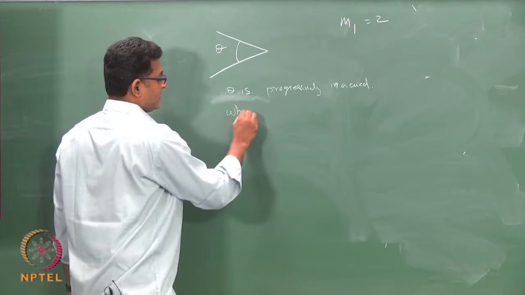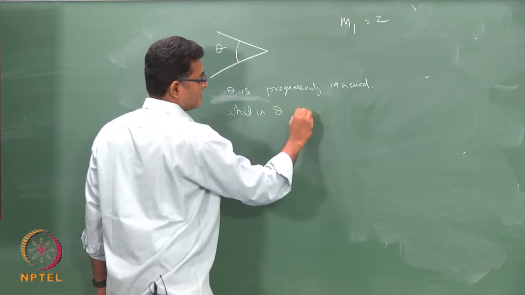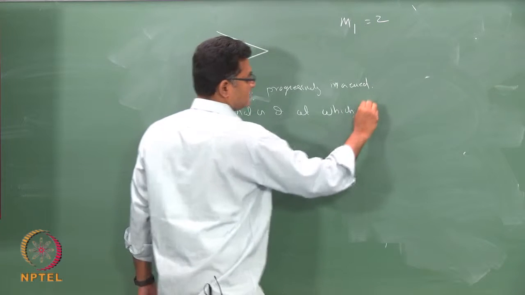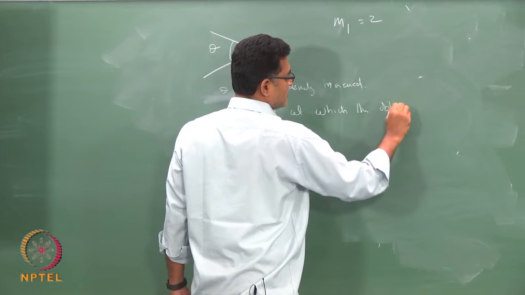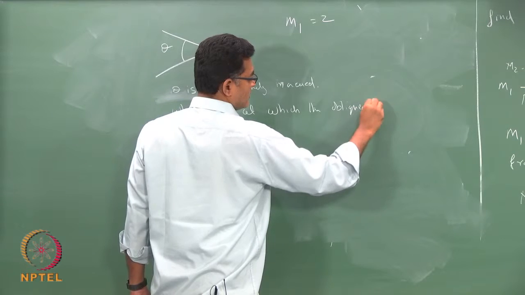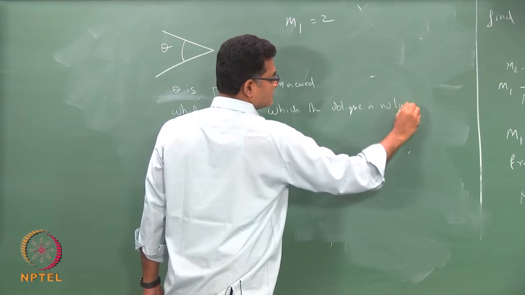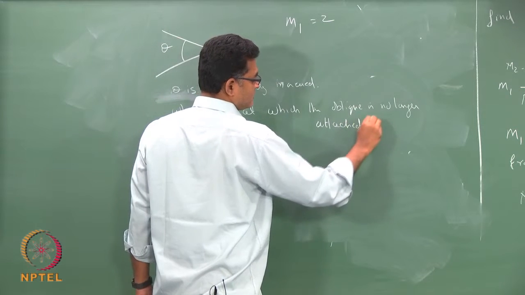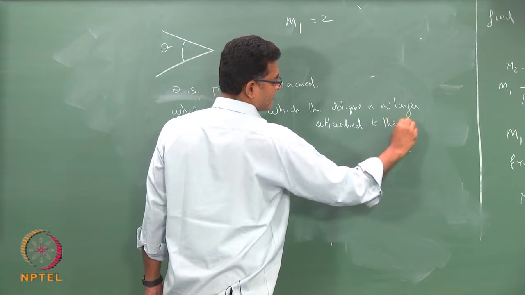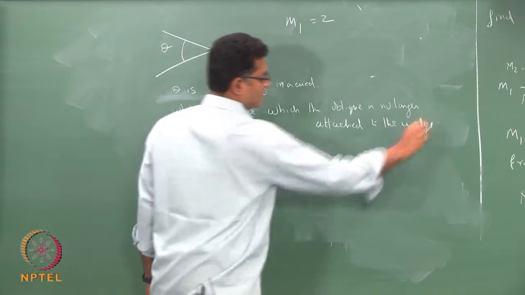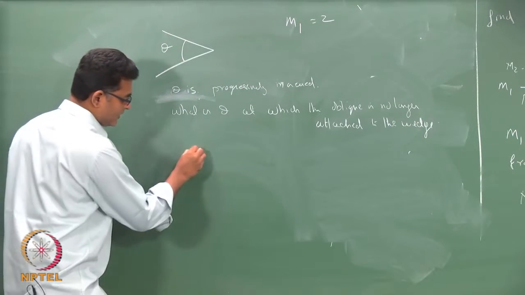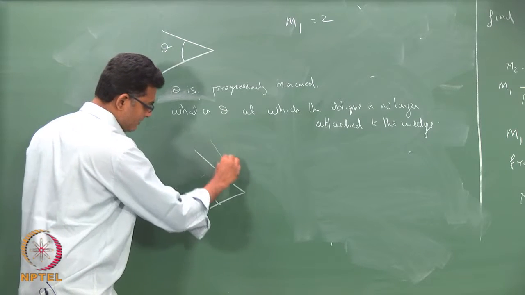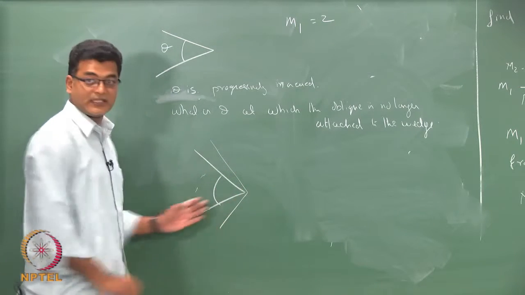So, theta is progressively increased. So, what is the theta at which the oblique shock is no longer attached to the wedge? Okay. So, what do I mean by that? I increase my theta to some value. Now, the shock instead of attaching, it is detached.